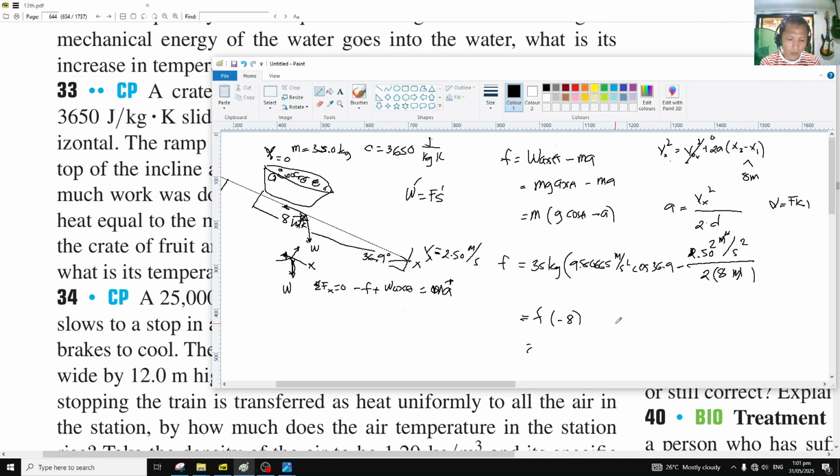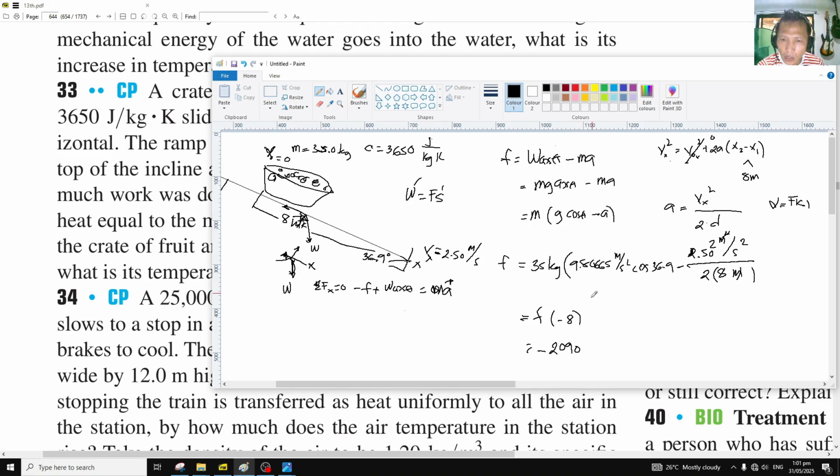So I will have a negative 2,086. With 3 significant figures, 2.09, 2.090.